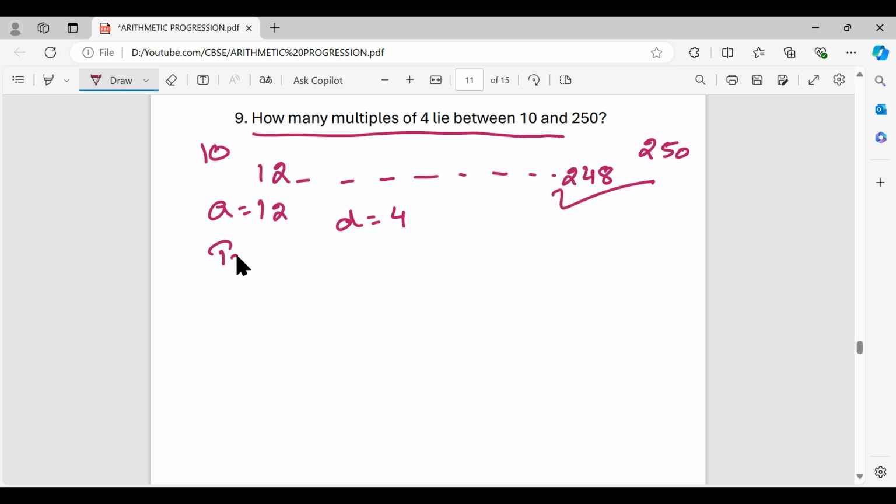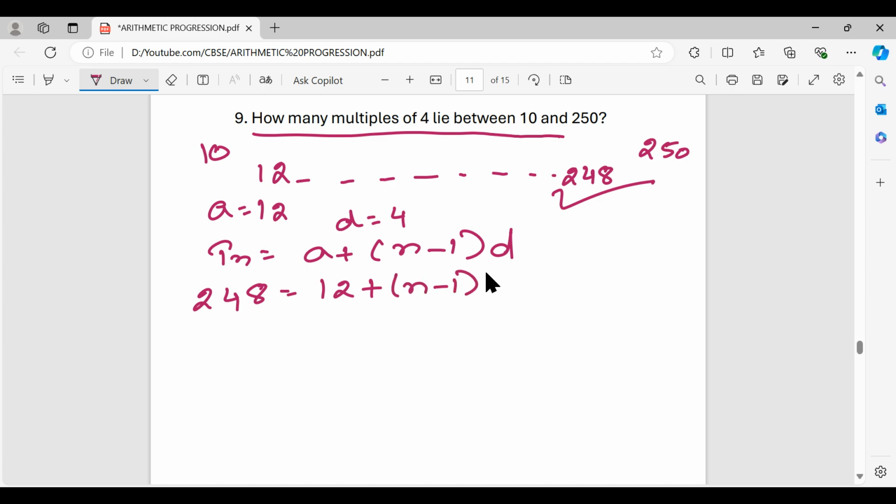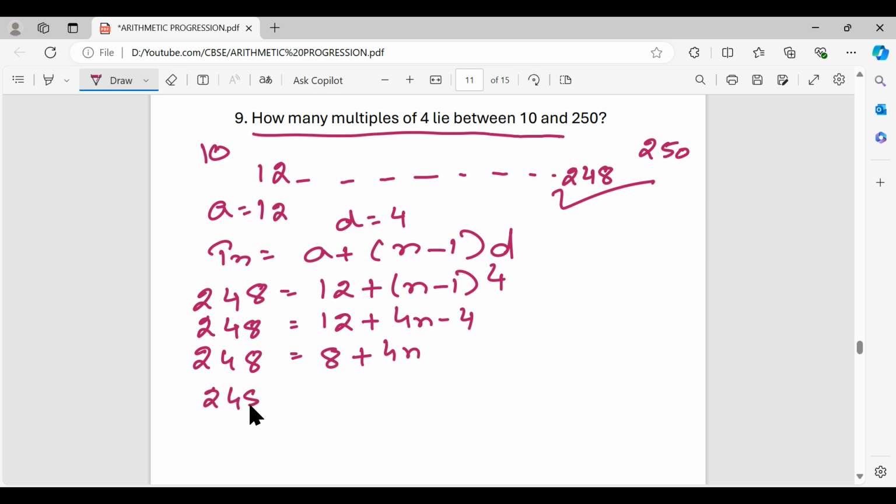So it will be tn equals a plus n minus 1 times d, and tn is 248 equals 12 plus n minus 1 times 4. We can write this as 248 equals 12 plus 4n minus 4. So 248 equals 12 minus 4, which is 8, plus 4n, and 248 minus 8 equals 4n.